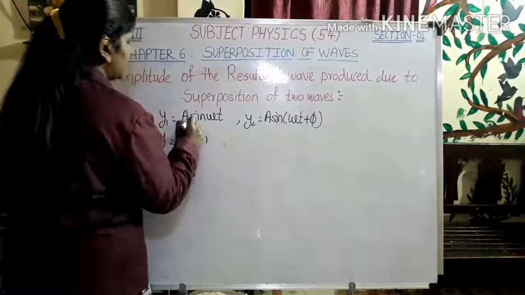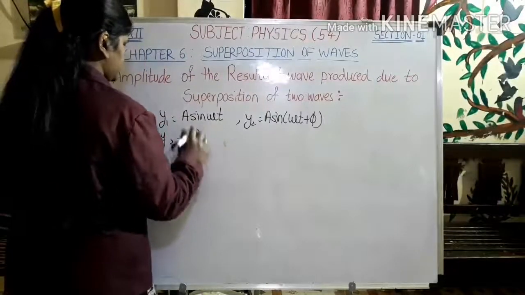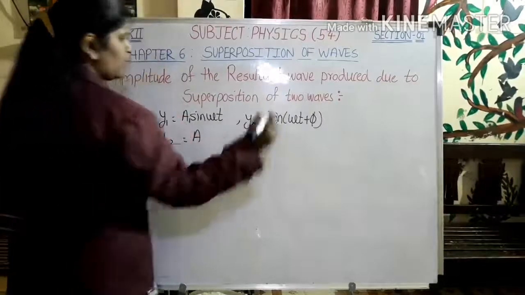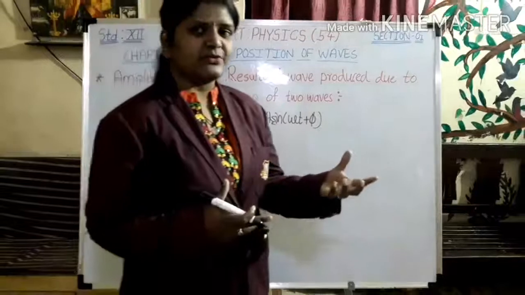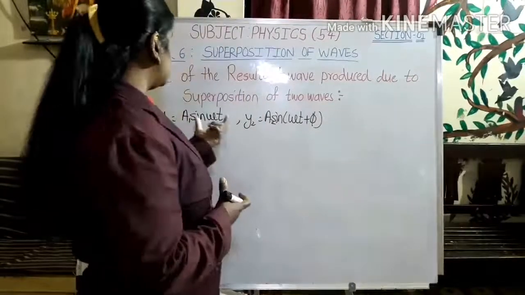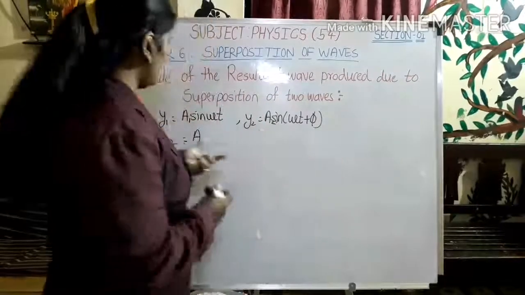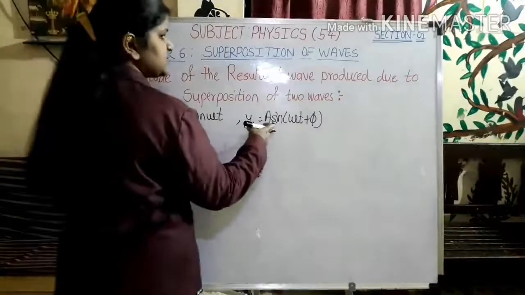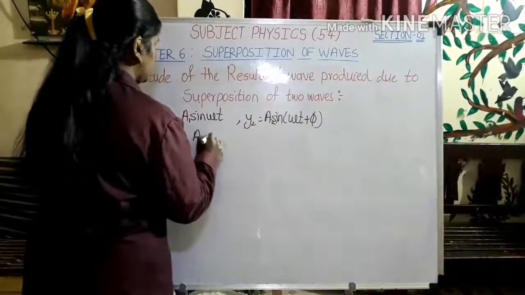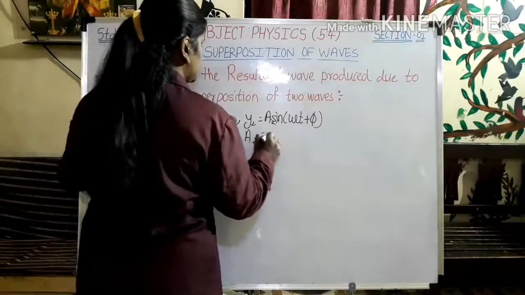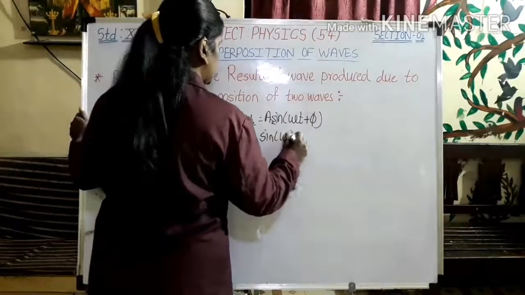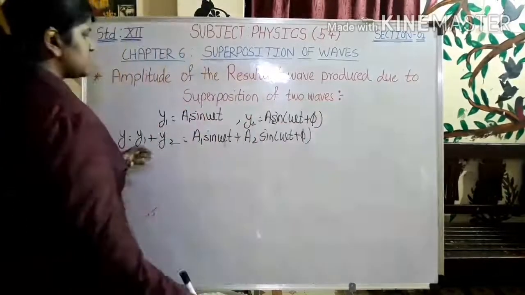I will consider a1 and a2 over here, because we are going to find the resultant amplitude, and we don't know the resultant of both of them. So I am going to consider this as a1 and this as a2. So a1 sin omega t plus a2 sin(omega t plus phi). This is what we got.